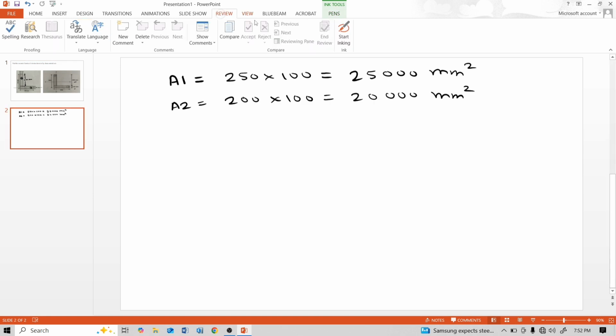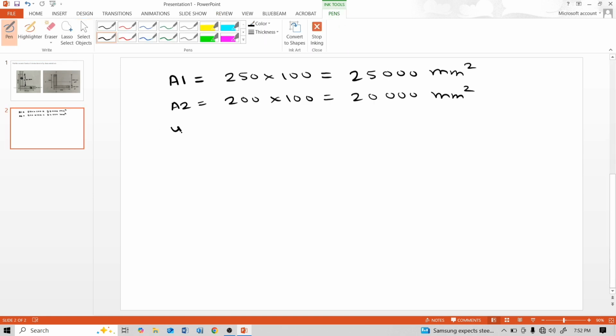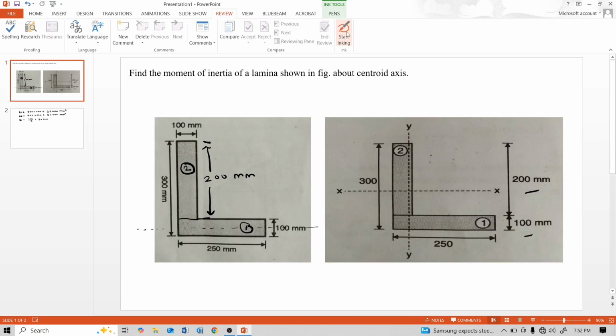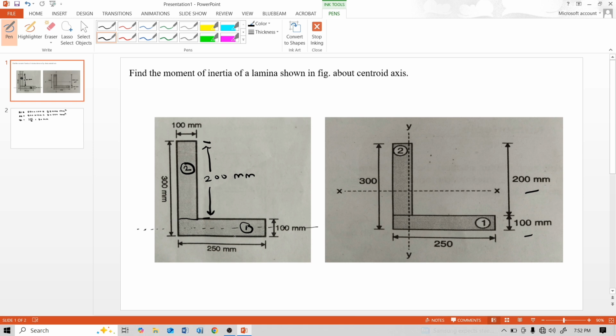Give the name Y1 is equal to 100 by 2, that means 50 mm. And this is 50 mm from this bottom part, and the vertical distance is 100 by 2.